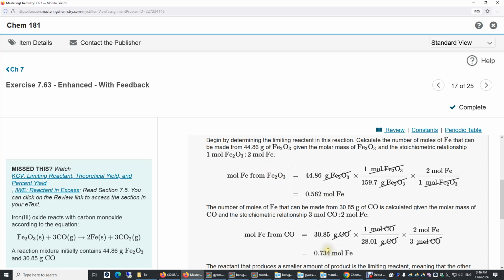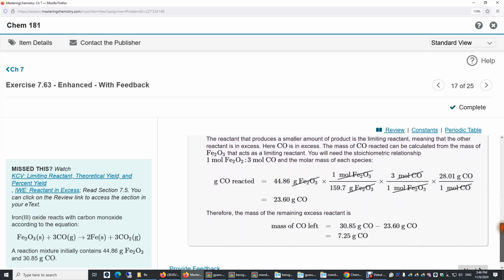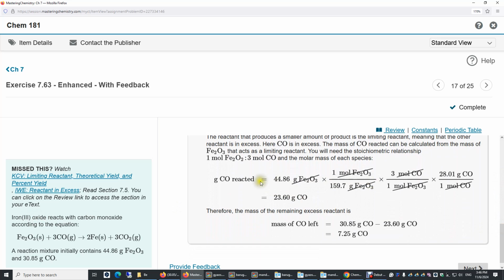They computed the amount of iron given the number of moles of CO. This is a smaller number, so iron(III) oxide is the limiting reactant. And then they computed the number of moles of CO reacted, and then multiplied by its molar mass. They got the amount of CO that's consumed.